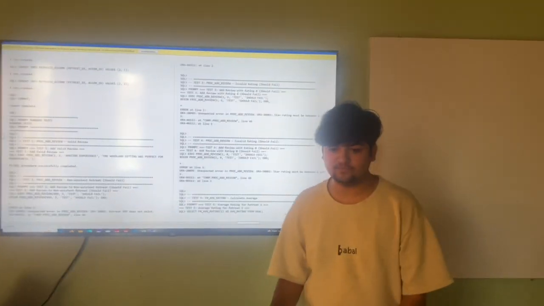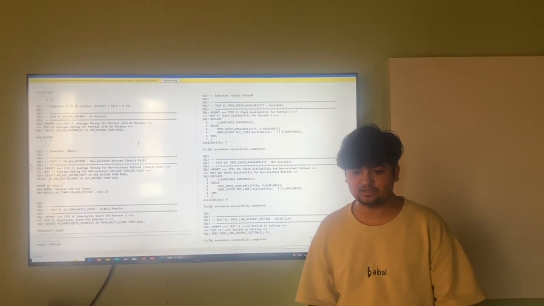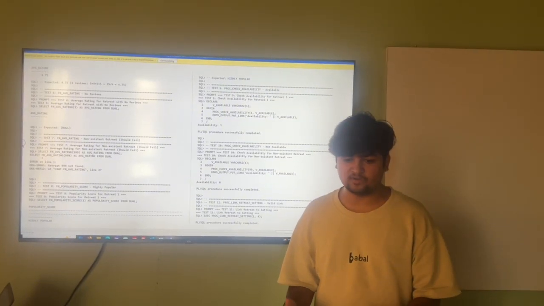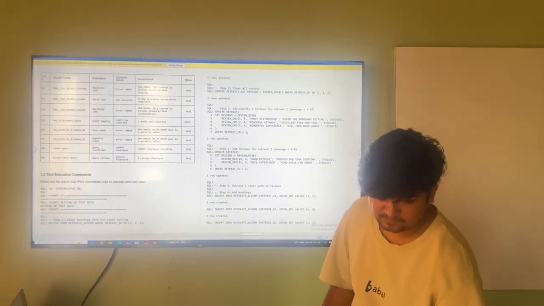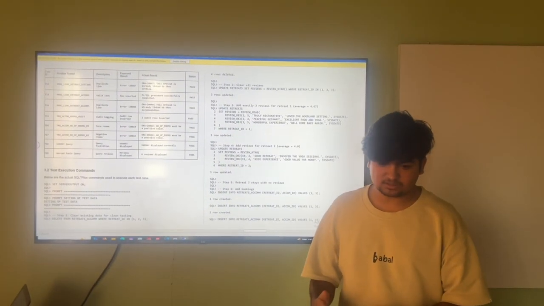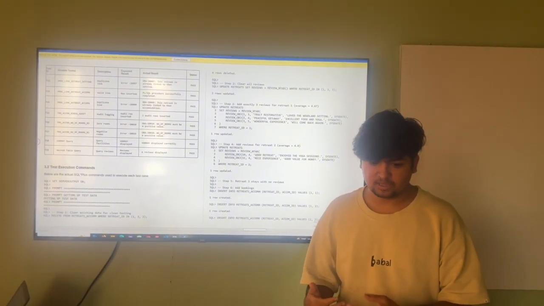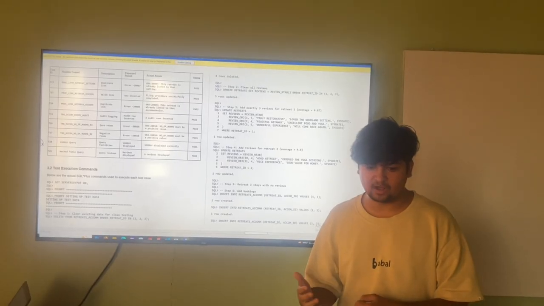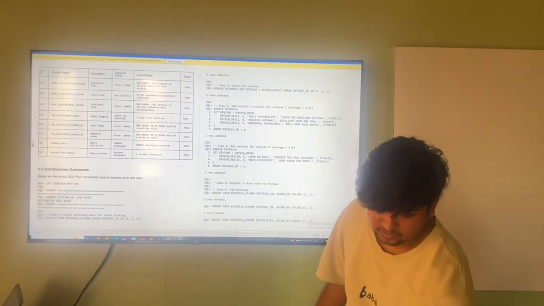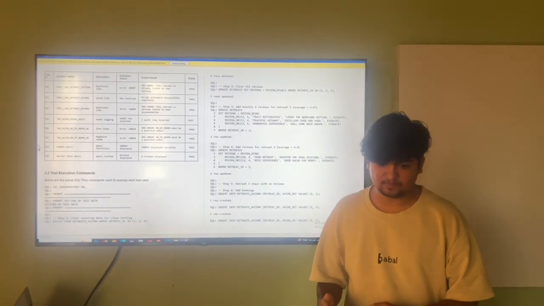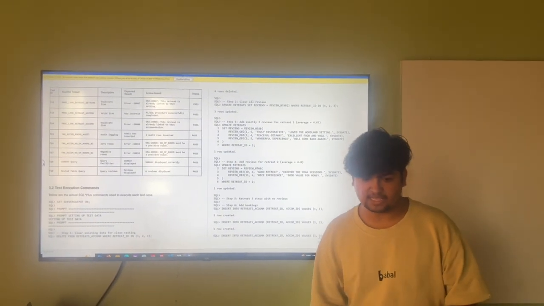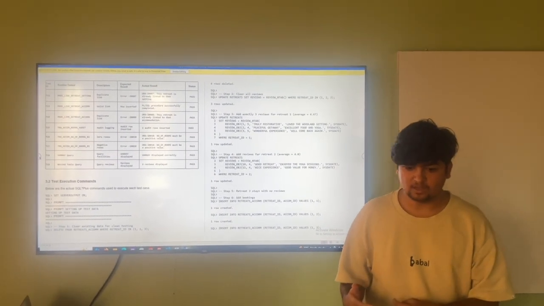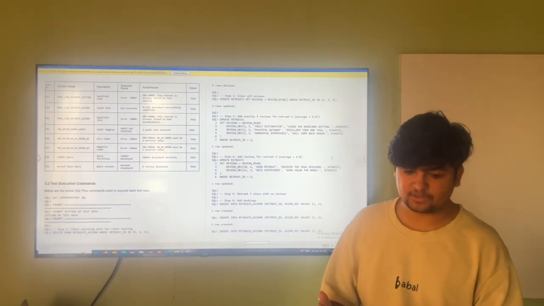Now let's talk about the key design decisions. First one is array for facilities, second is nested table for reviews, third is uppercase data values, fourth is cascade constraints, fifth is set define off, sixth is comprehensive exception handling, and last one is good practice, like plural table names.